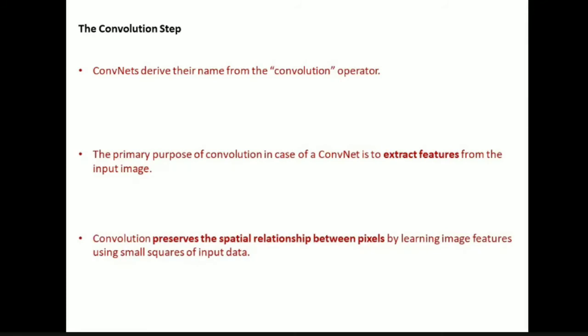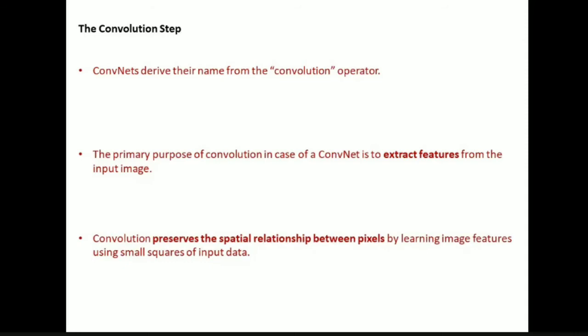This is the reason why we are not using feed forward neural networks for image related data. Why are convolutional neural networks used for image data, but feed forward neural networks are not? Because the convolution operation is going to preserve the spatial relationship between pixels in the image.